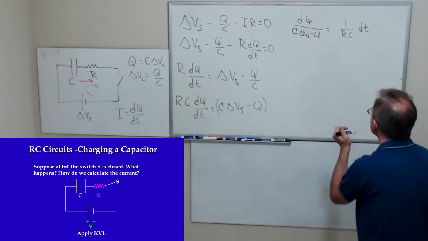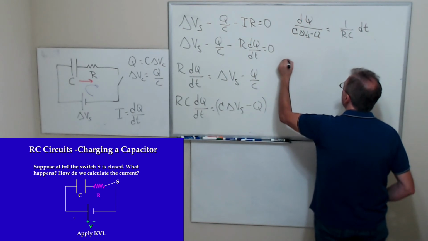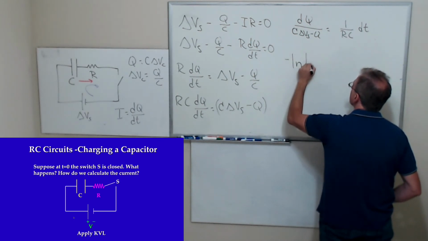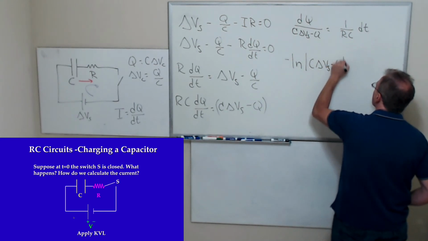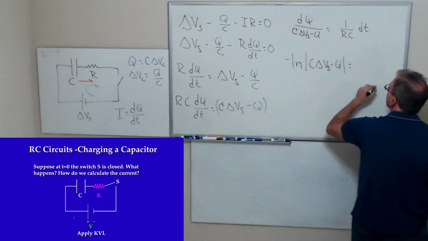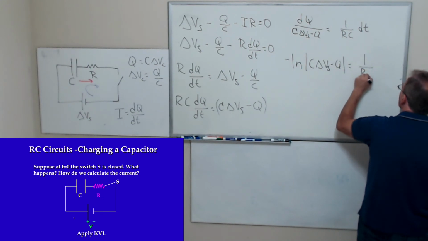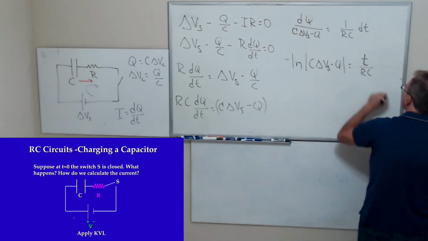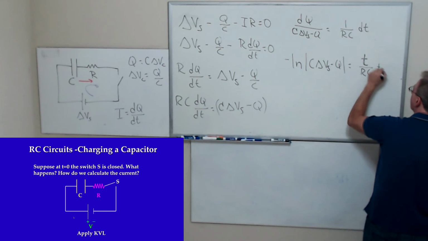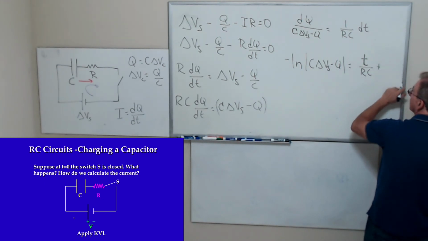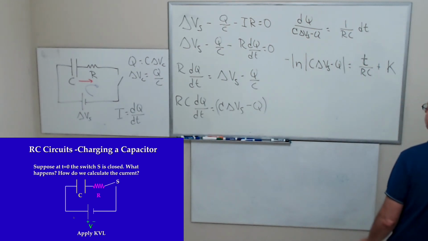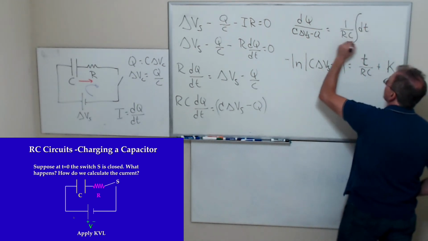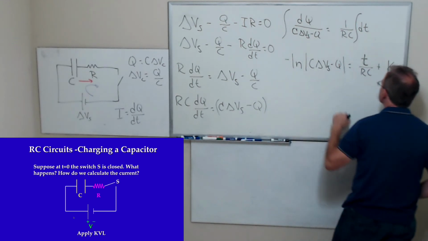When I integrate this, I get minus the natural log plus some kind of constant. Let me call the constant k. So I integrated both sides, and I get this.